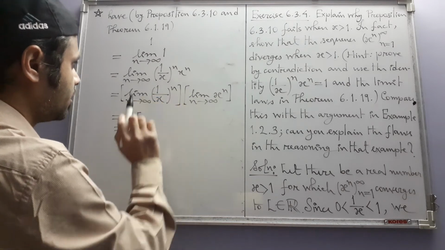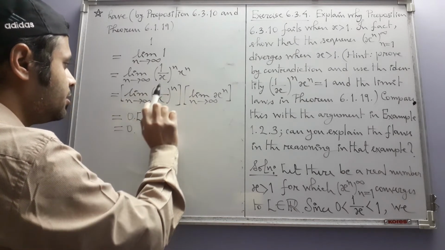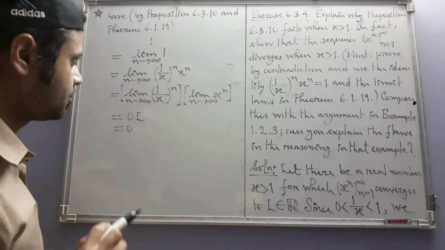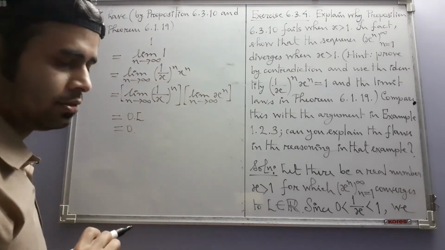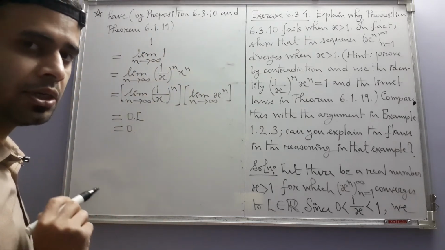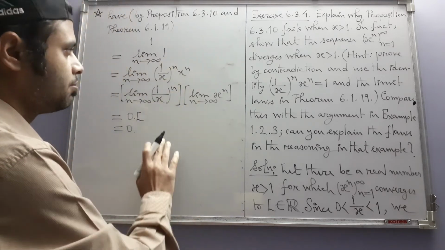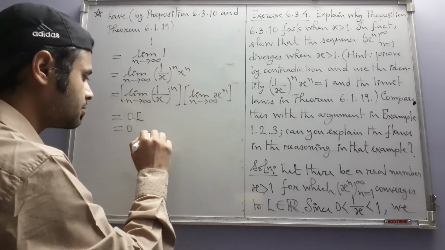Okay. Now in this step, this limit is the product of these two limits. That's where we are using theorem 6.1.19, where we have the limit laws. And why are we able to use that? That is because here we have two sequences.